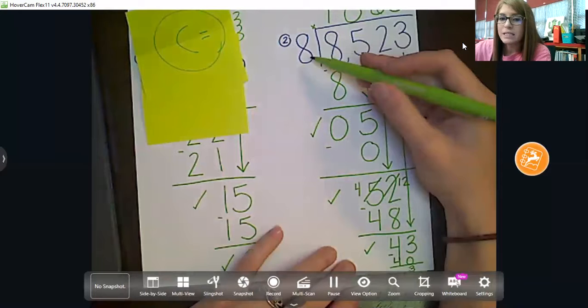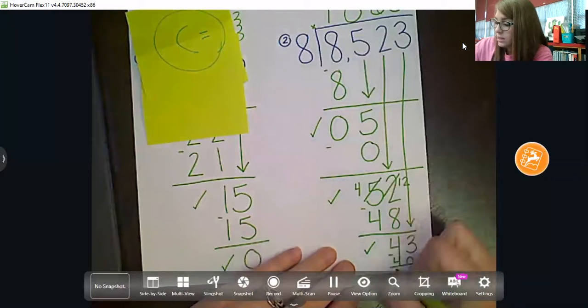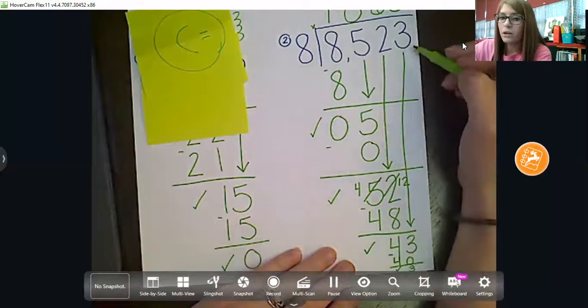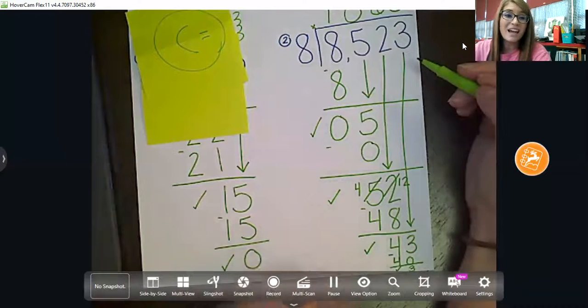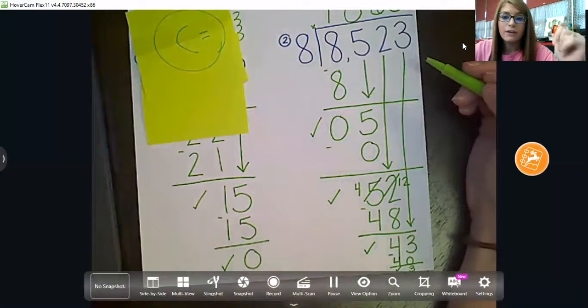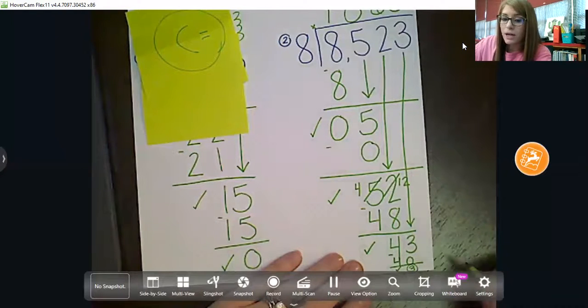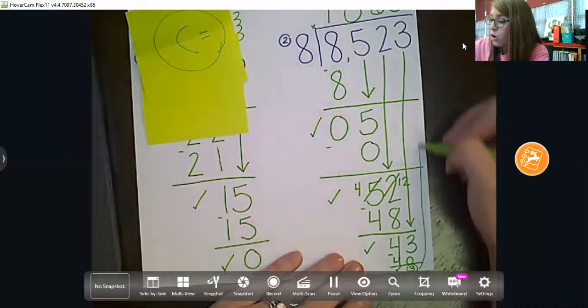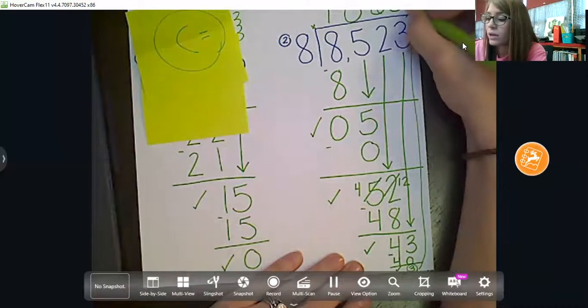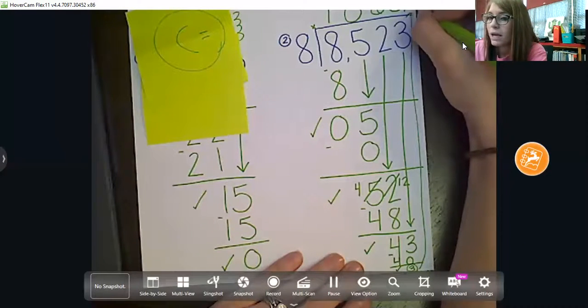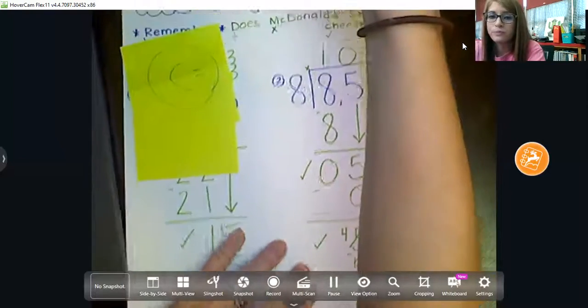Is 3 less than 8? Yes, it is. So then I'm going to bring down, oh, nothing left to bring down, which means that I am done. Very good. Now, this is not 0, which means this number down here comes all the way up and gets written as my remainder of 3.